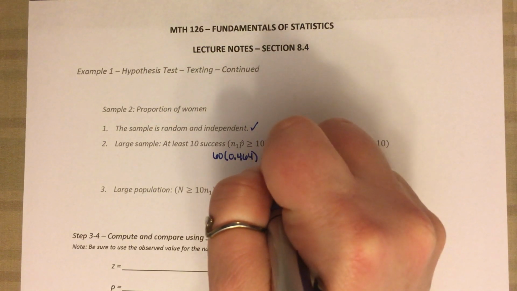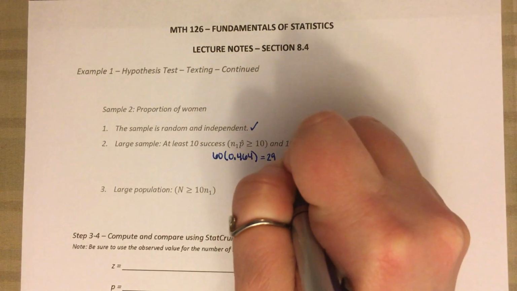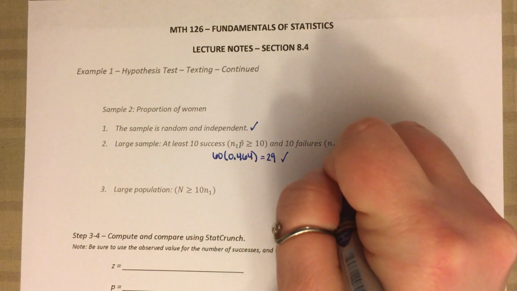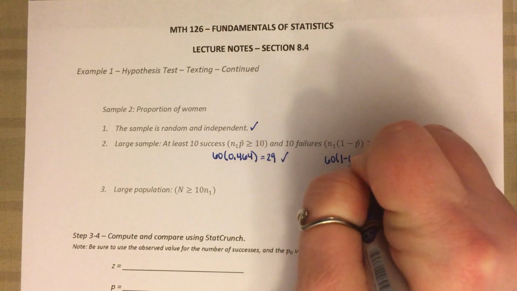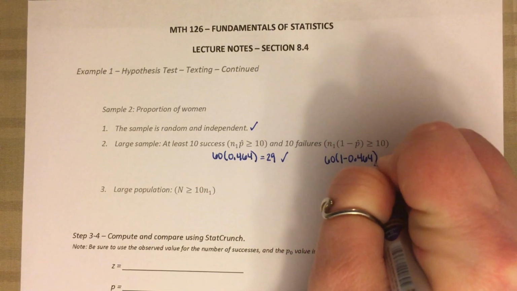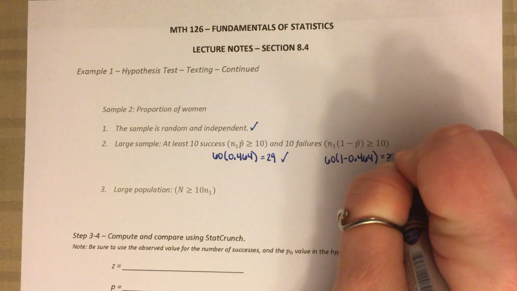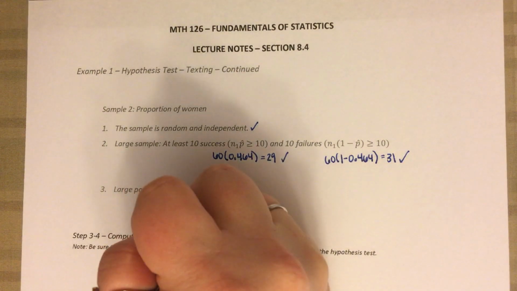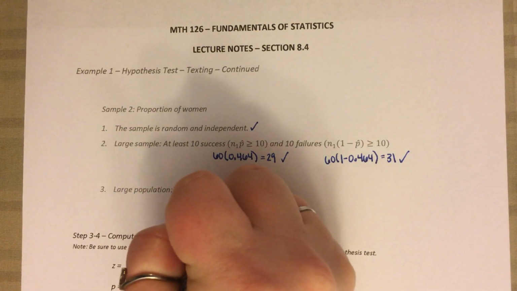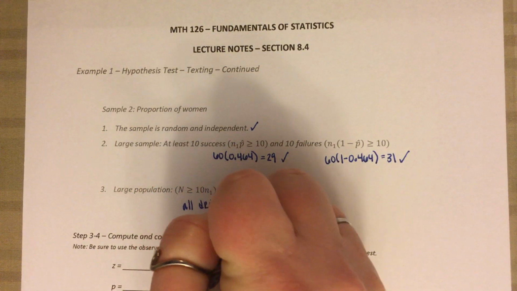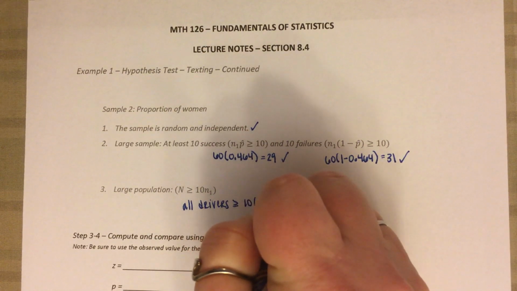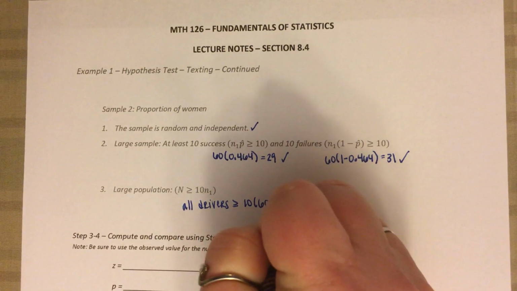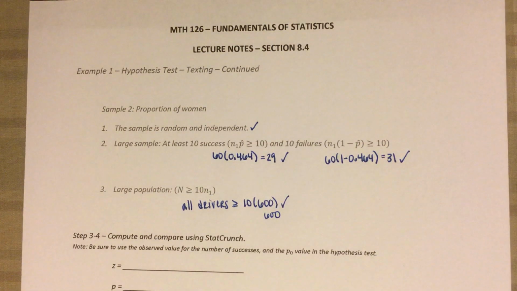That's going to give us 29, which is bigger than 10, and 60 times 1 minus 0.464 is going to give us 31, also greater than or equal to 10. Again, all drivers, if we multiply 10 times 60, we get 600, right? So we are greater than 600.